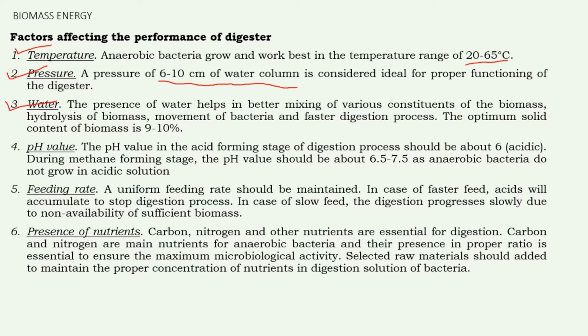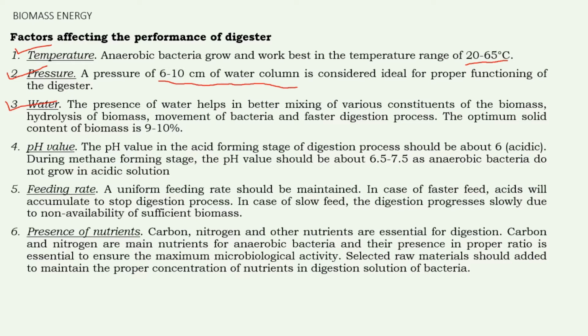Fourth one is pH value. In the acid forming stage of the digestion process, the pH value should be around 6, acidic. But during the methane forming stage, the pH value should be about 6.5 to 7.5, as the anaerobic bacteria do not grow in acidic solution.